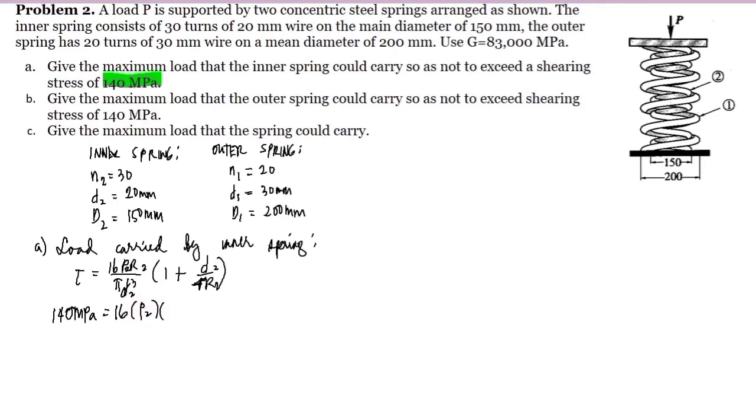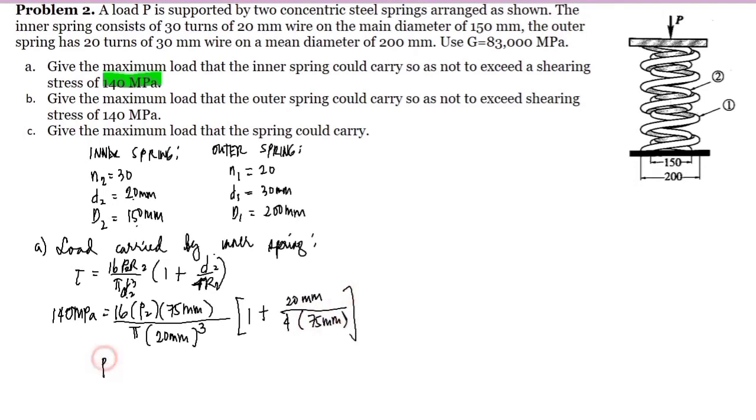Since the diameter here is 150, the radius is 75, over pi times the wire diameter, 20 mm, cubed, multiplied by 1 plus the wire diameter, 20 mm, over 4 multiplied by the mean radius, half of 150 mm, that's 75 mm.